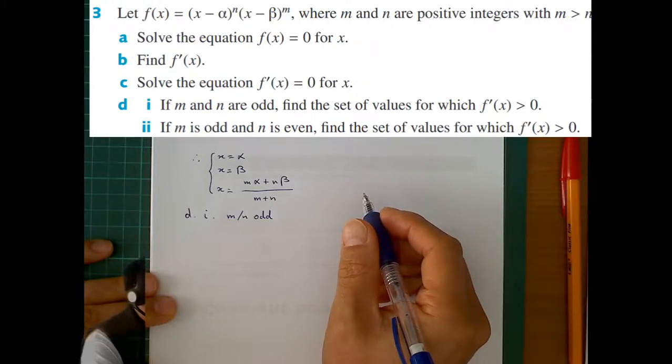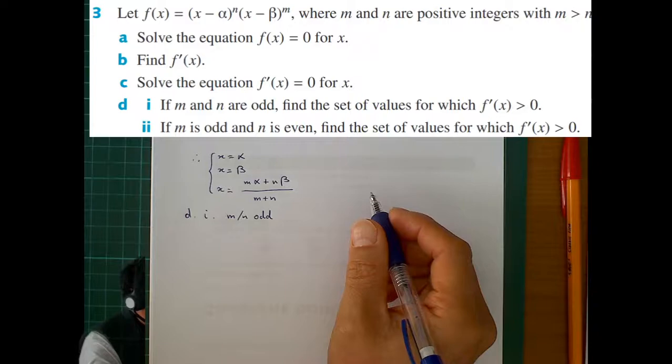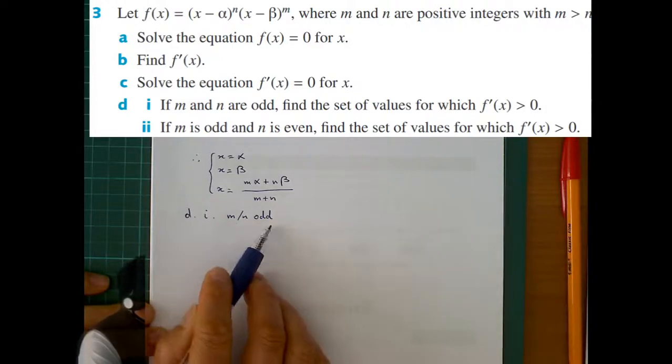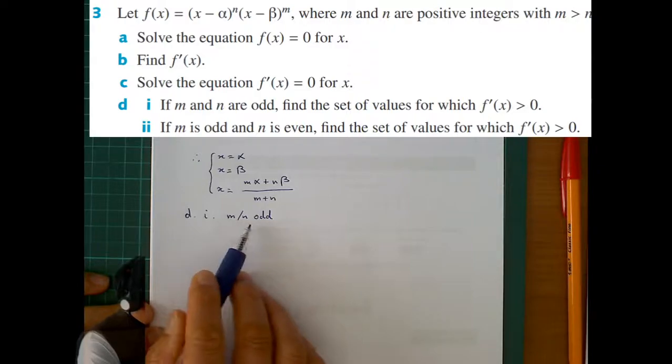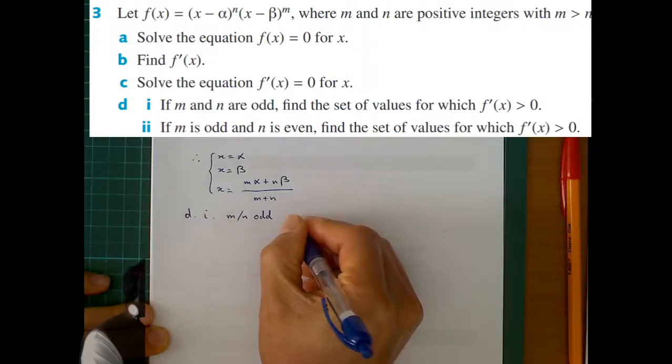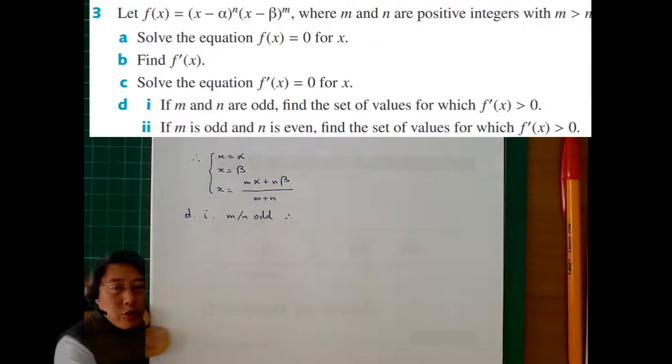Here, because we have m and n, do I worry about this or not? Because that's odd. Okay, I'll leave it like that. Alright, so m and n are odd. You know what it implies? What happens if you add 1 or minus 1 to each one of them?